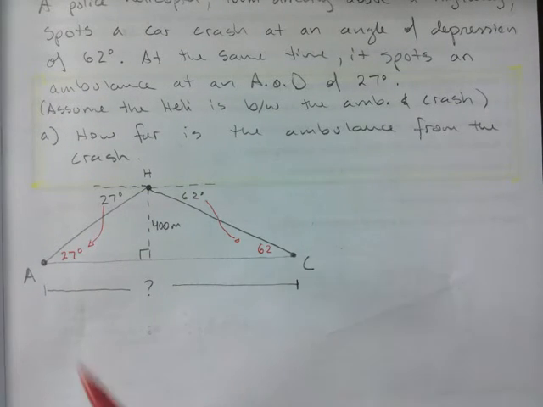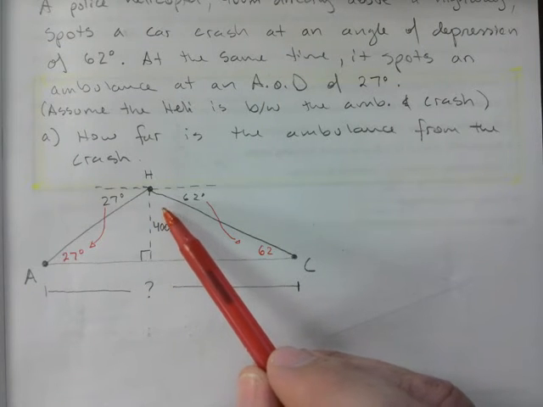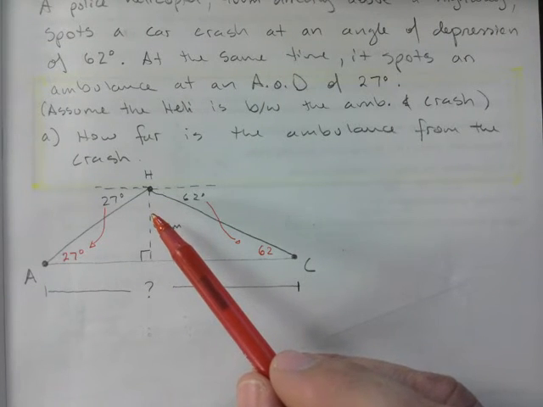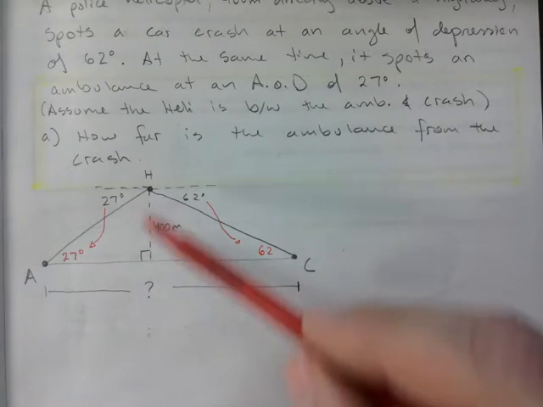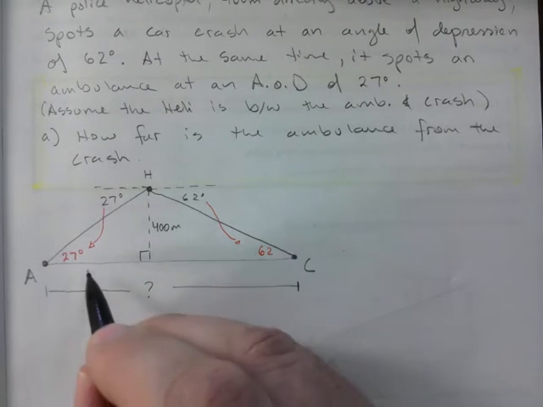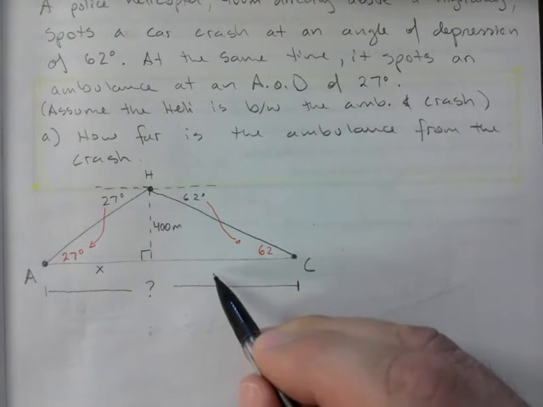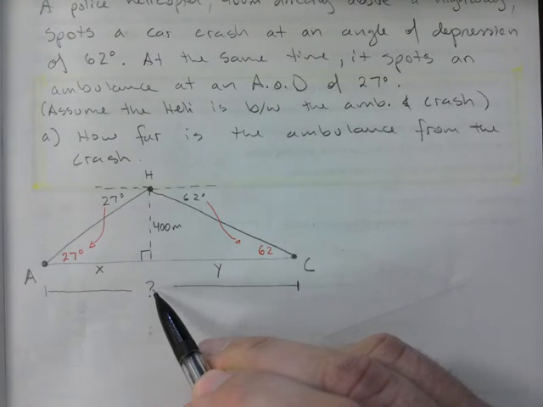Could we now find angle H up here? But would we have a pair? No, because this is the only thing given. I have no other side other than that height. So my approach here, pay close attention to this: I'm going to figure out X and I'm going to figure out Y and then add those up to get me the question mark.